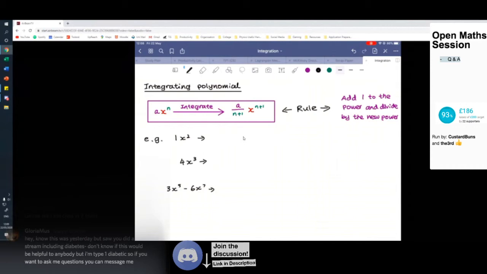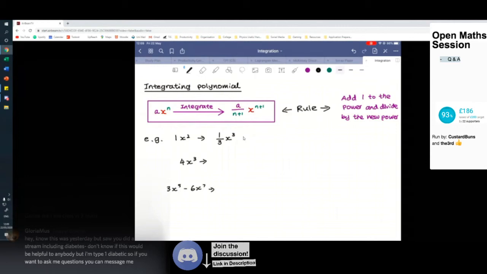So first, we have 1, and we add 1 to the power, so the 2 becomes a 3. So now we have x to the power of 3, and then we divide by the new power, which is 3. And so this one has now been divided by 3. So we know that when you integrate it, it becomes a third times x cubed.